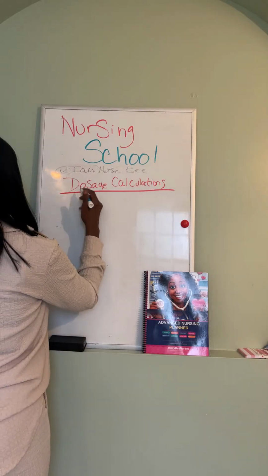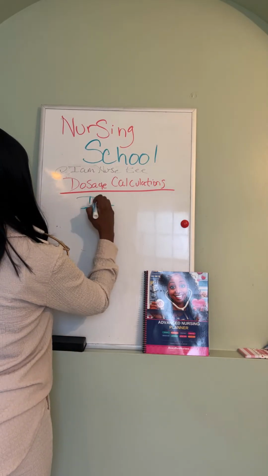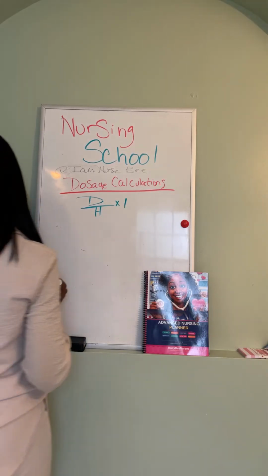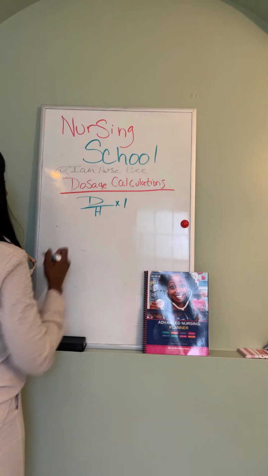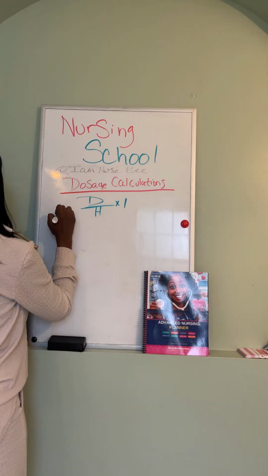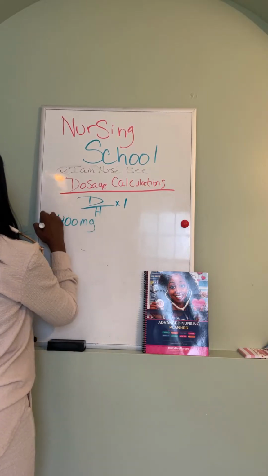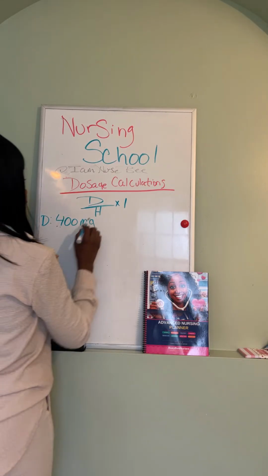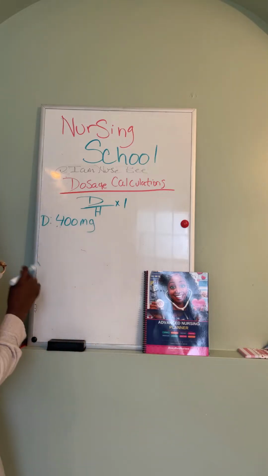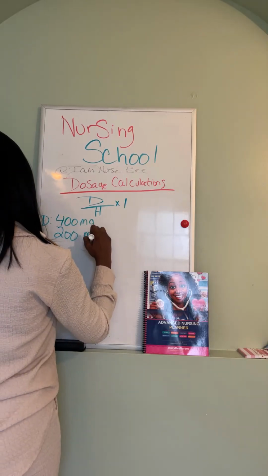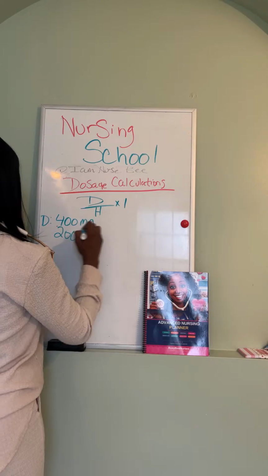So your desired over have, times 1. The desired dose here, the doctor wants 400 milligrams of the medicine. What we have on hand is 200 milligrams.